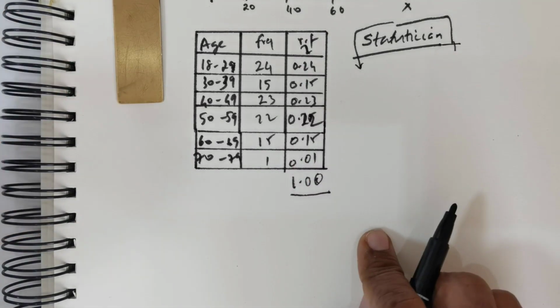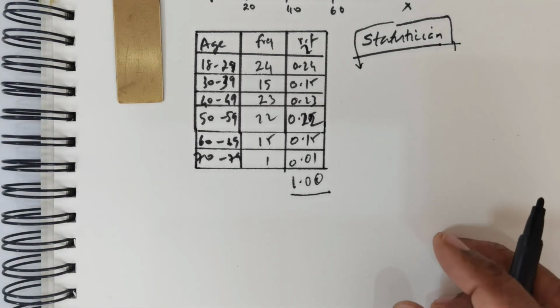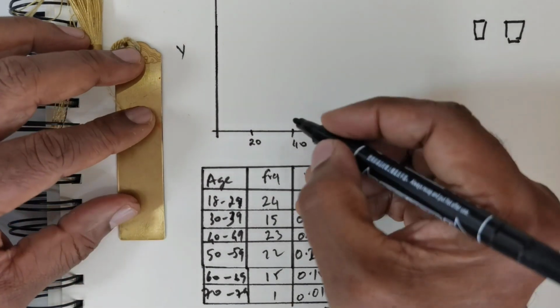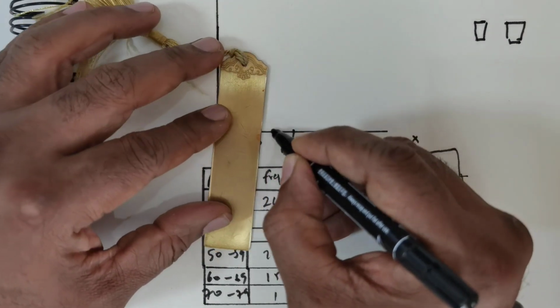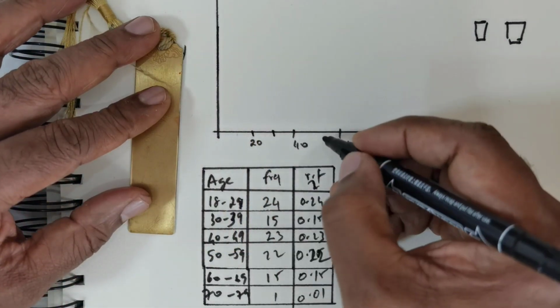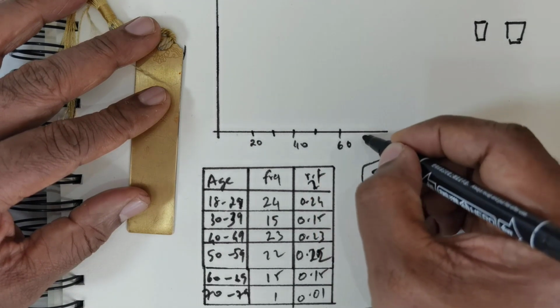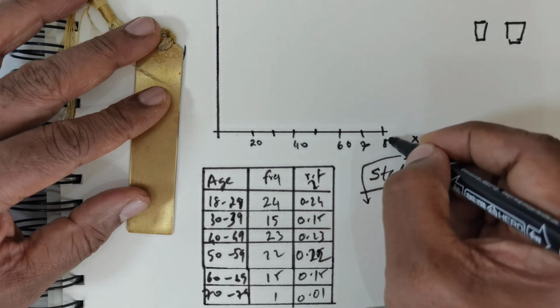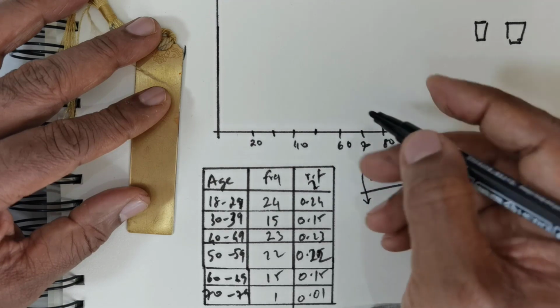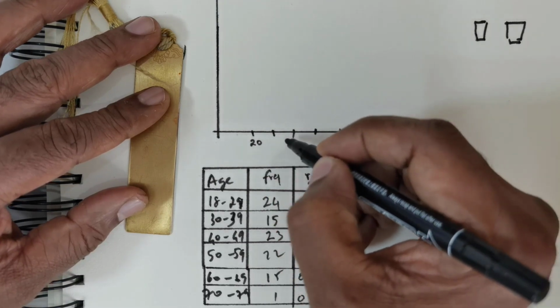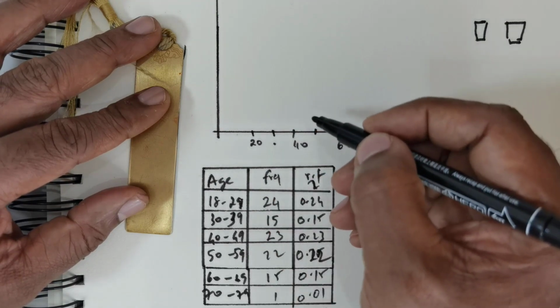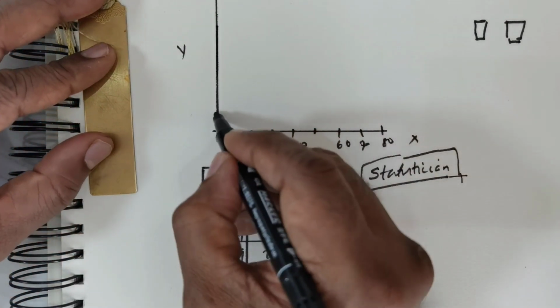So you draw a graph using relative frequency, right? So this group is 20 to 30. You got to put a division here. If you are dividing 20 to 30, this is 50, this is 70, and this is 80. So 18 to 29, that will be all the way over here. So how many people are there? 0.24. So you have to have this division.